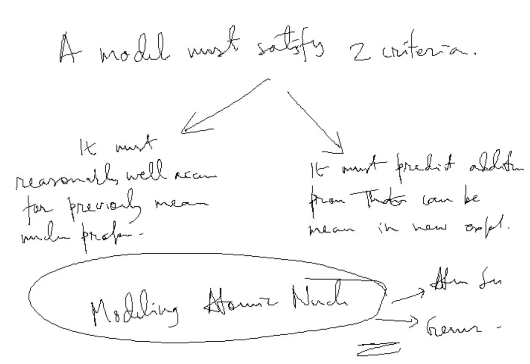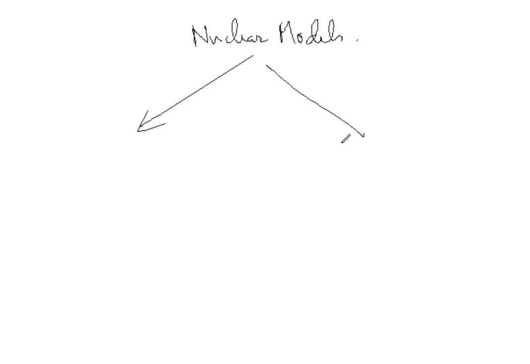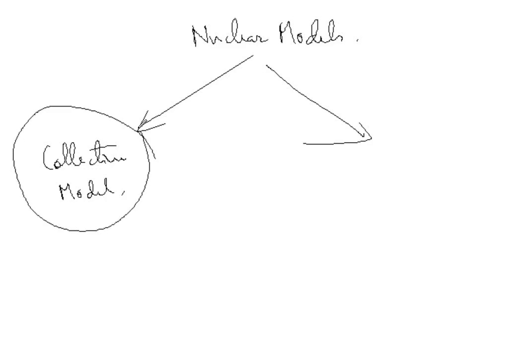So we are following the route of nuclear models. Now, talking about nuclear models, you see there are two basic classes of nuclear models. One is the collective model. This is the first class.